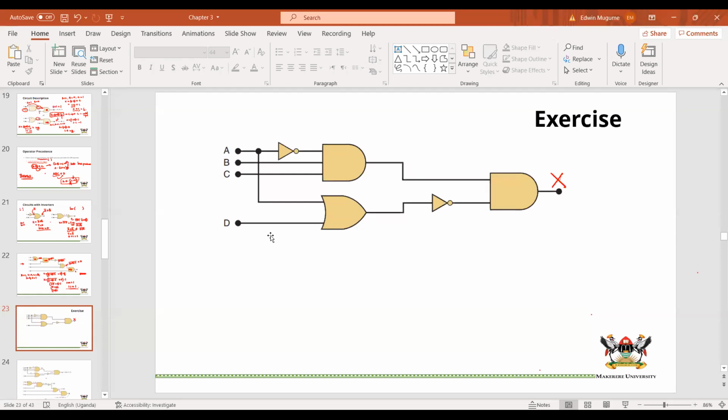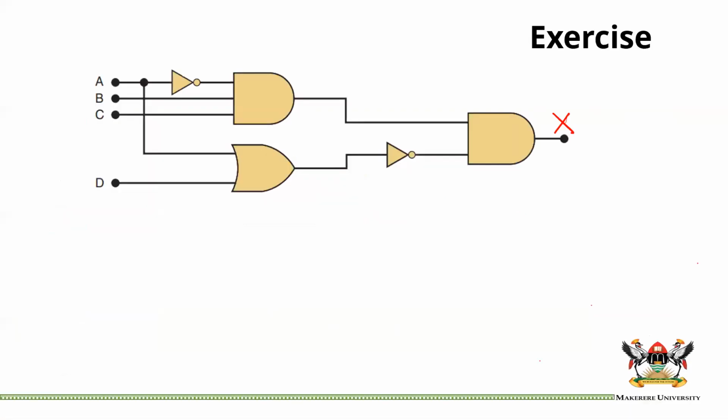Okay, so Daphne says that X is A inverse and B and C, A or D inverse. Let's see. So this is A inverse, and this is an AND gate.